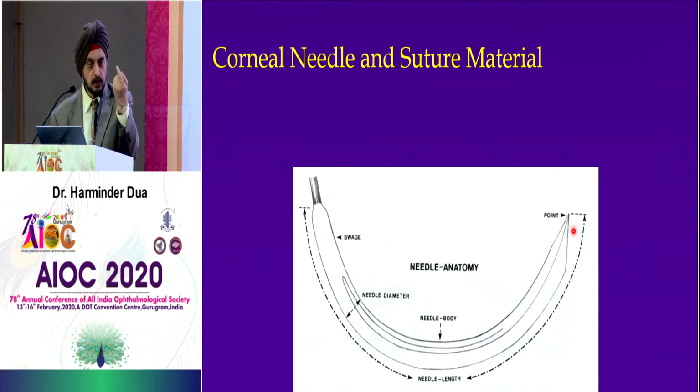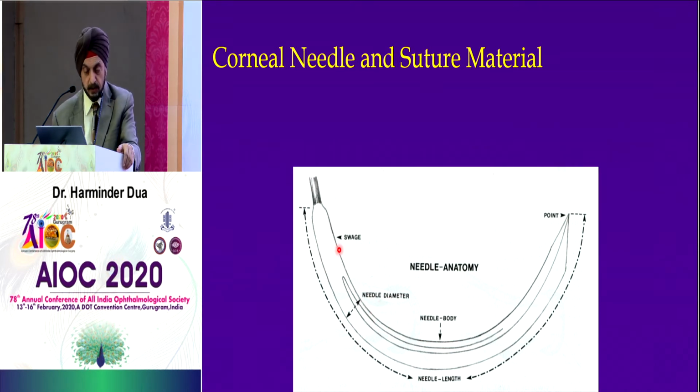You don't want a sharp edge to the back of the needle, because when you pass it through at a certain depth, it will probably go deeper and make a cut in the cornea which is vertically higher or taller than you intended. So where the needle starts to become flat, that is just beyond the swage of the needle, is where you will hold it with your needle holder.